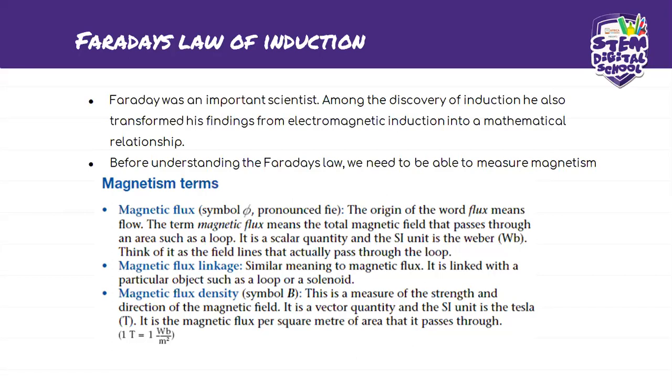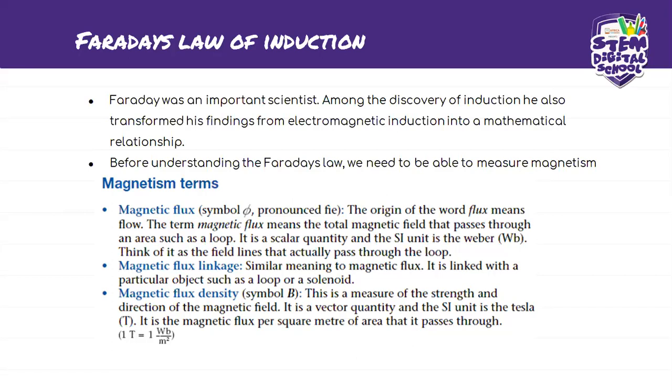So these two go hand in hand. These are the terms for magnetism that we need to learn. First, magnetic flux. This is the symbol of magnetic flux, pronounced phi. The origin of the word flux means flow. The term magnetic flux means the total magnetic field that passes through an area such as a loop.